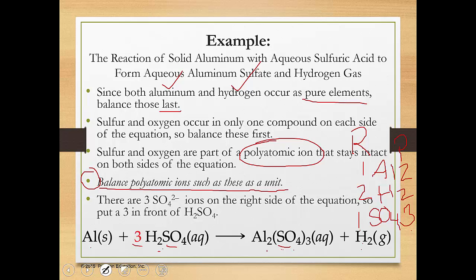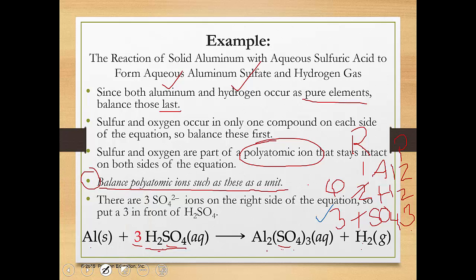Now that changes everything that's in the sulfate molecule right here. The 3 times the 2 in the hydrogen brings us up to 3 times 2 is 6. So we now have 6 hydrogens on the left and 3 sulfates. So now sulfate is balanced. That one's good.